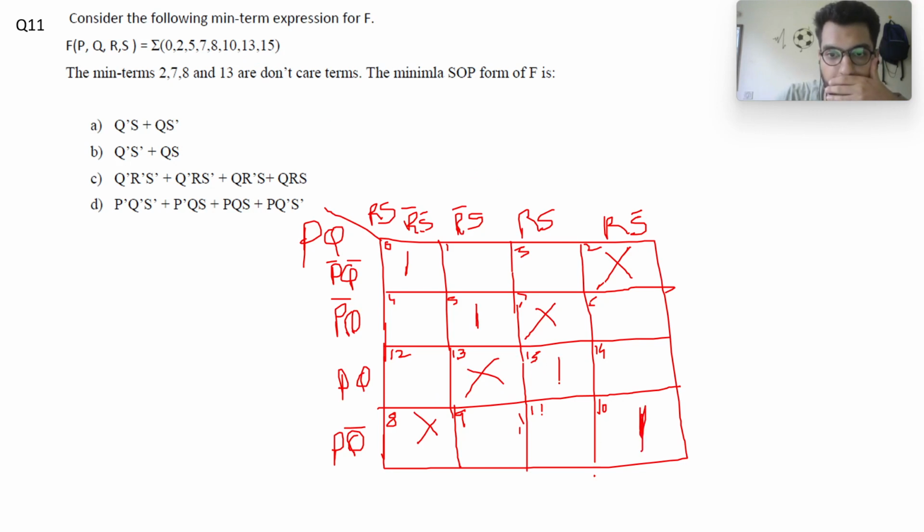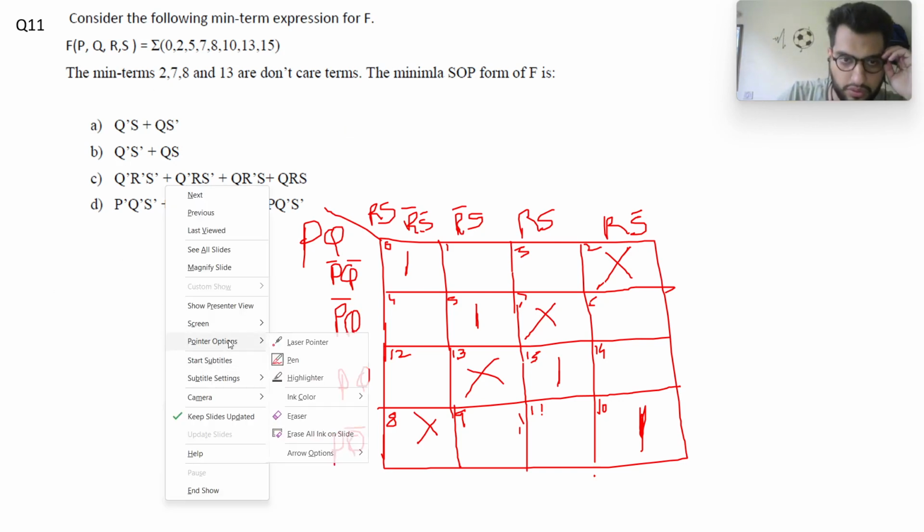Then we have 15. So now let us see if we can construct an octet using these minterms and don't care conditions. I don't think the octet will be possible.